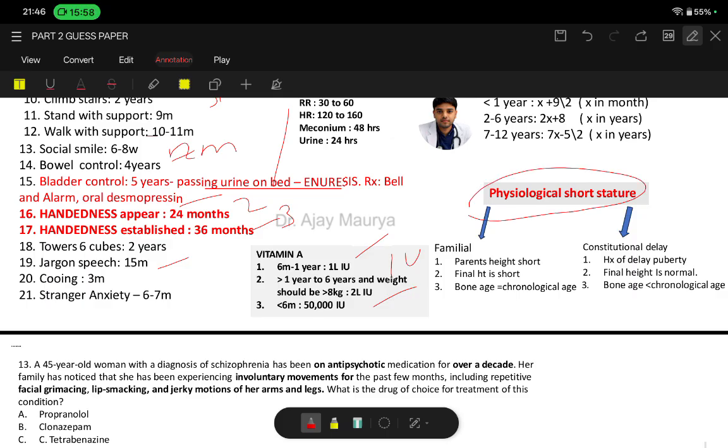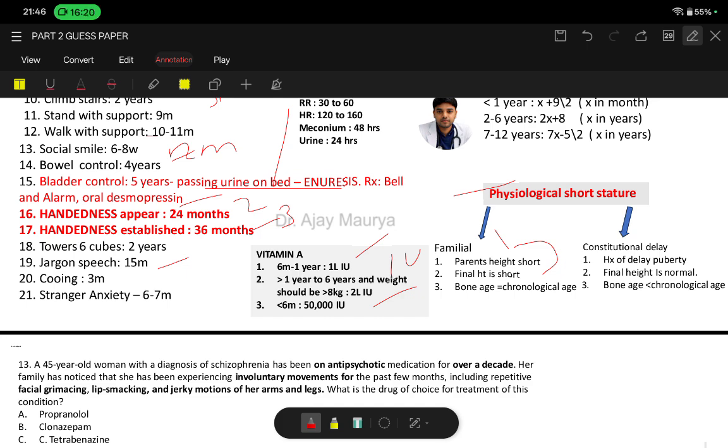Next is physiological short stature. Sometimes they will ask you in the exam what is familial and what is constitutional delay. They will mention everything. If the parents' height is also short, then the final height will be shorter. This is familial short stature.